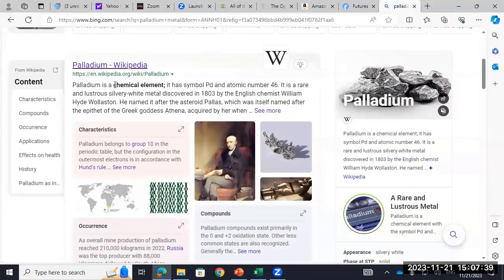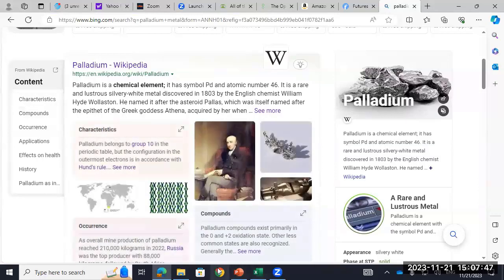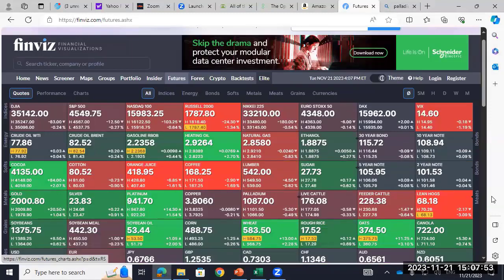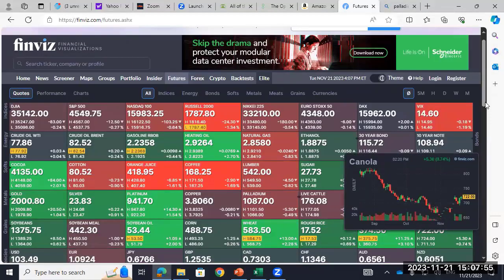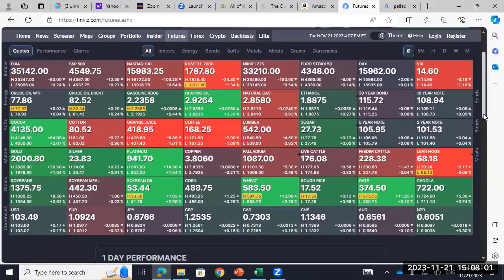It's a chemical element, atom 46. I have no idea. Why would you buy palladium? What do you use it for? So you become somewhat of an expert, right, on stuff that no one else knows anything about, and that makes you very hireable. What did I use it for 40 years ago? So is it a recent metal?